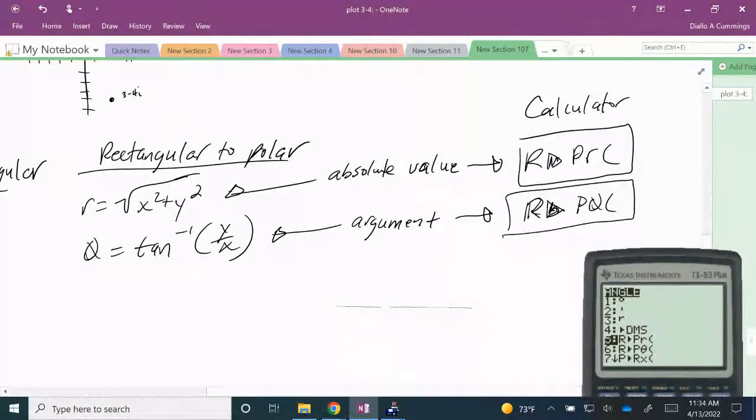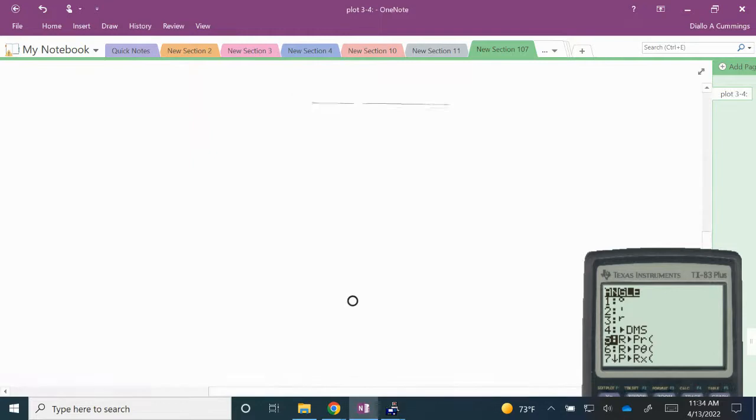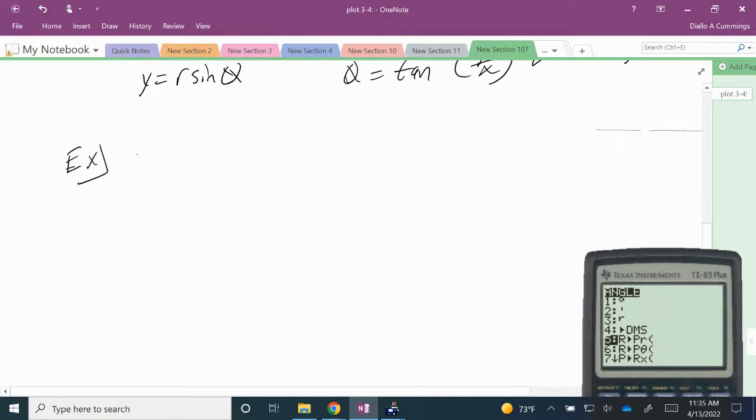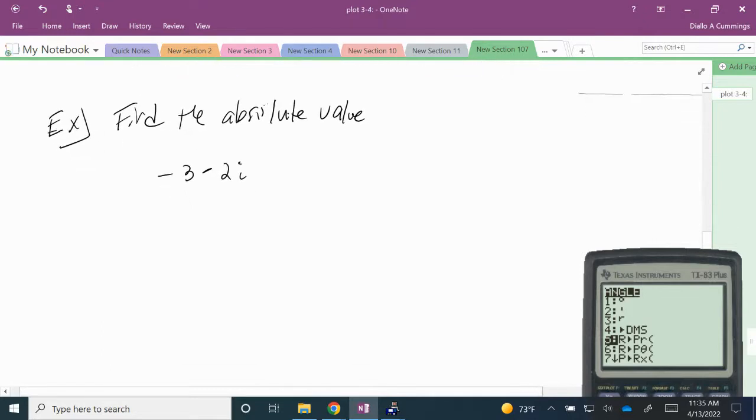This is going to be our first example. Find the absolute value of -3 minus 2i.